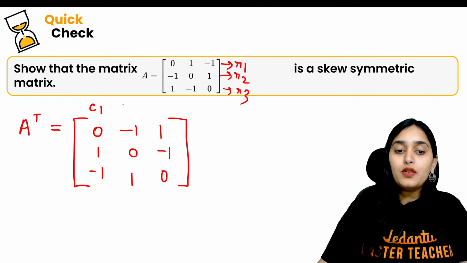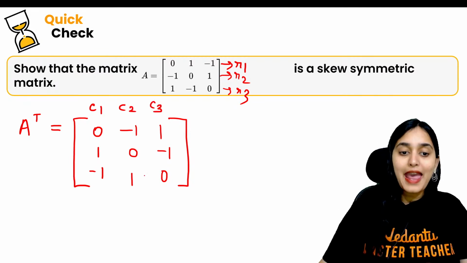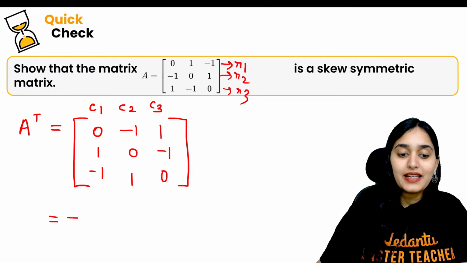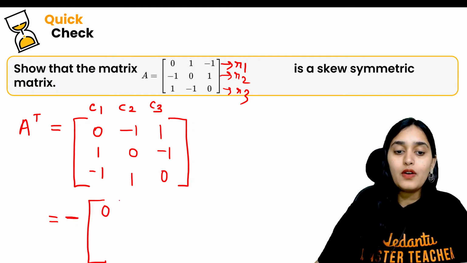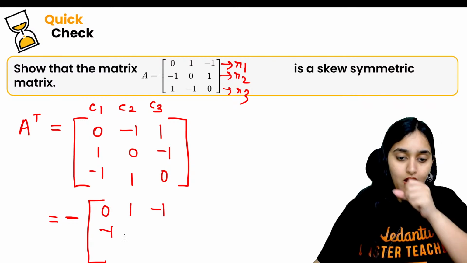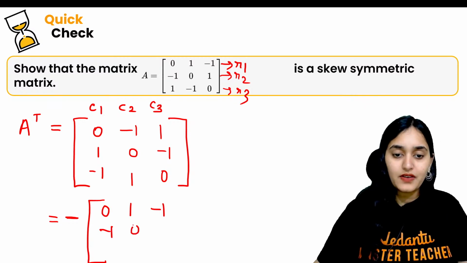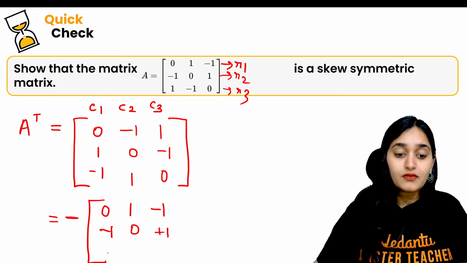Now, if you look carefully and take out the minus sign as common, negative of 0 is 0, minus of minus 1 is plus 1, plus 1 becomes minus 1. Similarly, -1, 0, plus 1. Plus 1, -1, 0.